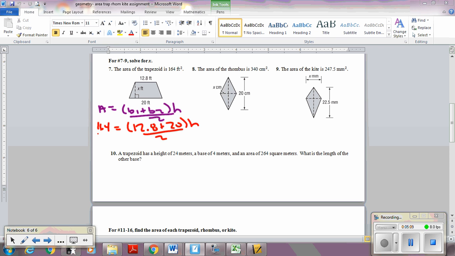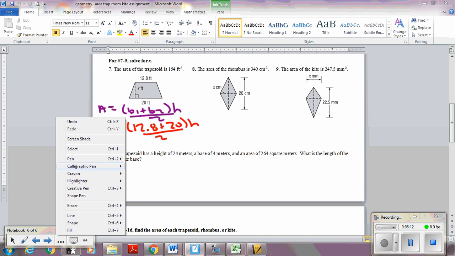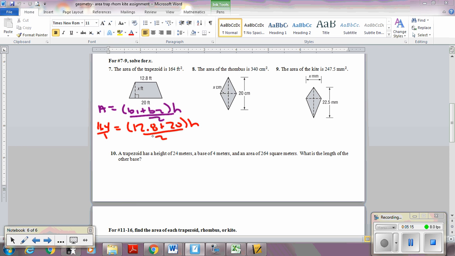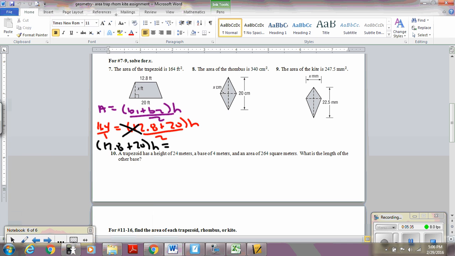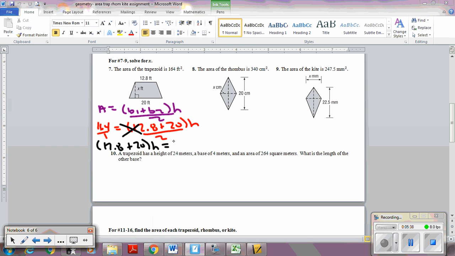I would put 164 over 1 and cross multiply, which would give you 12.8 plus 20 times h equals 164 times 2, which is 328. And then I would add 12.8 and 20, which would give me 32.8, which times 8 is 328.